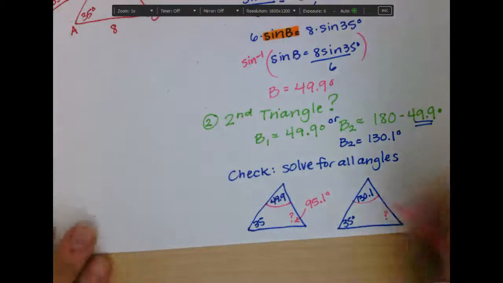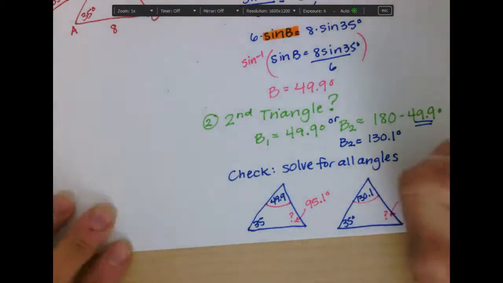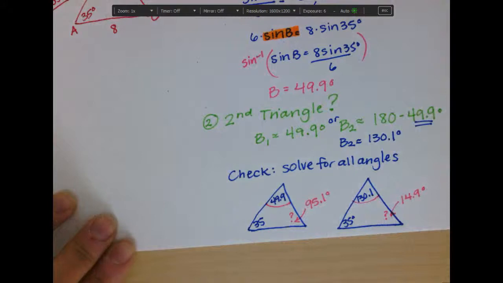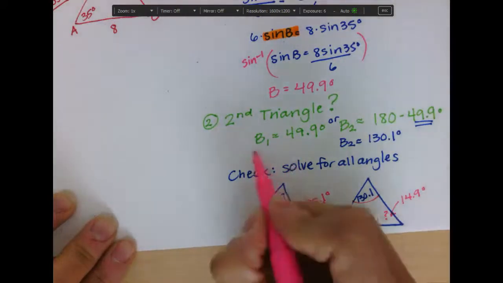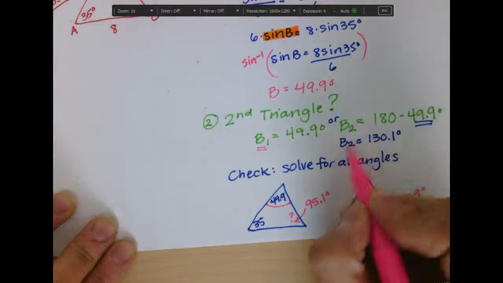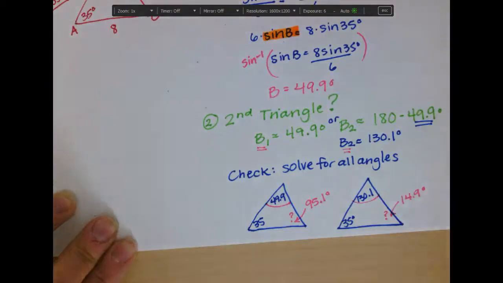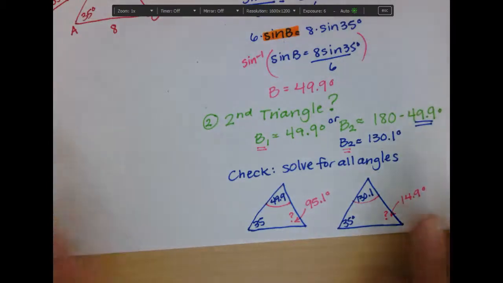And in the other scenario, I get a third angle of 14.9 degrees. So because we had two possible answers for the first angle that we solved for, and each of those two possible angles creates possibilities for two different triangles, I can conclude that there are in fact two different triangles that I can solve for here.